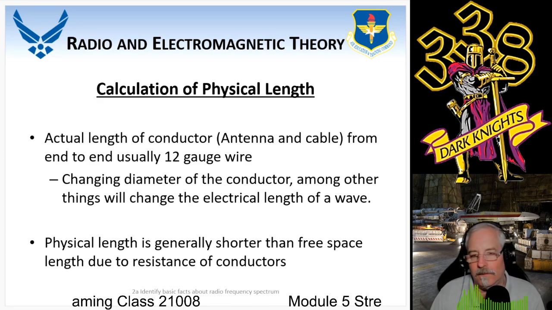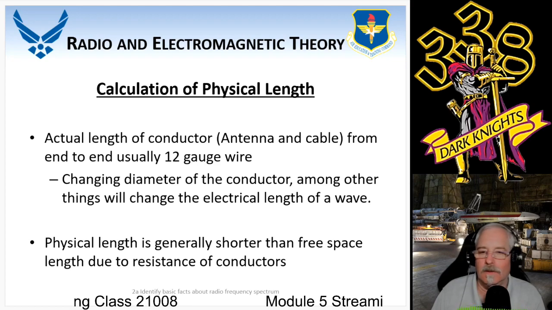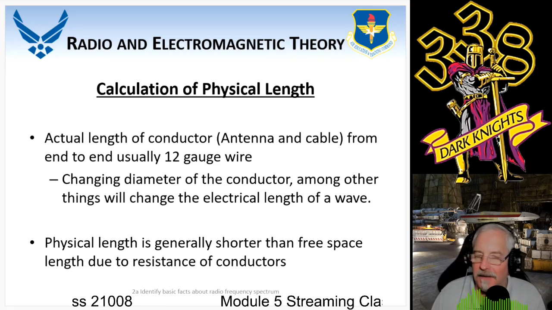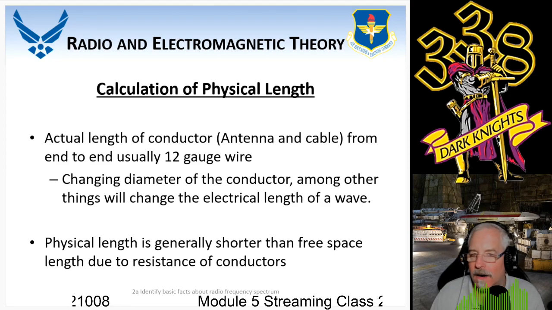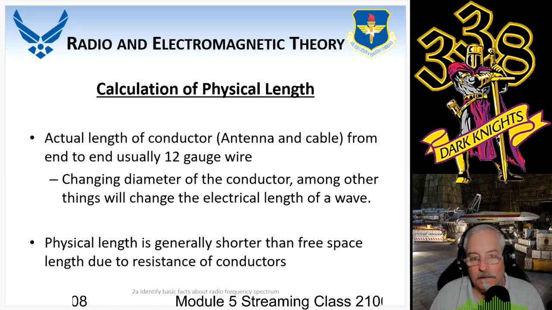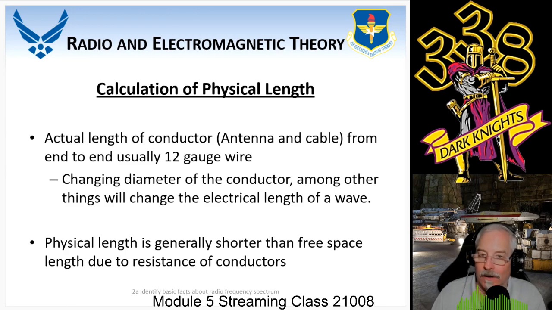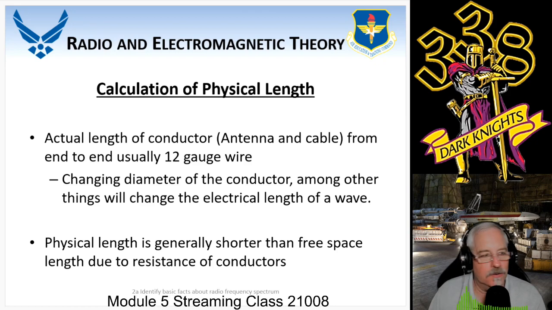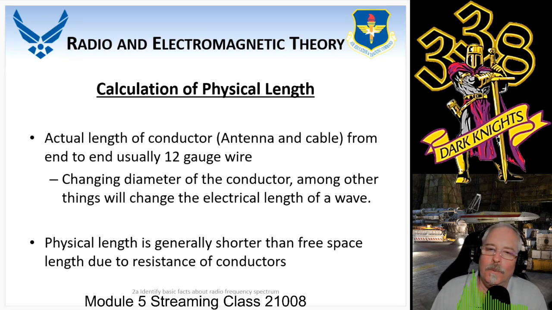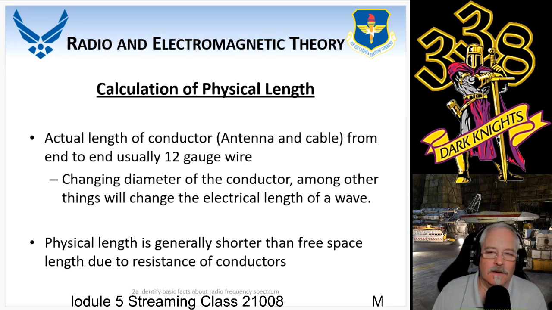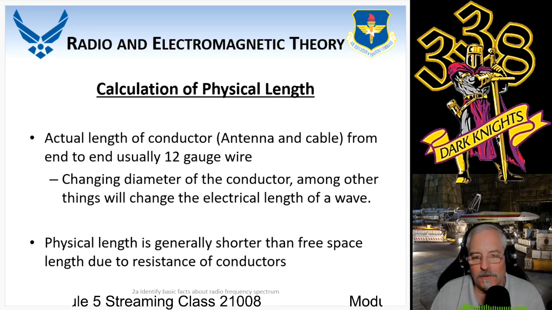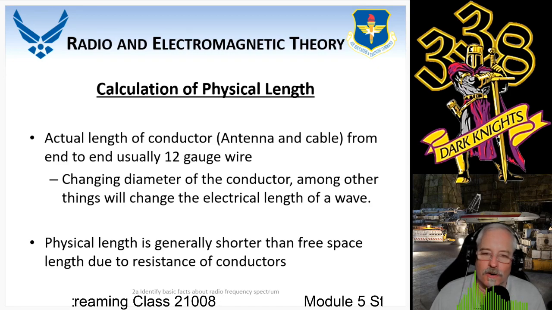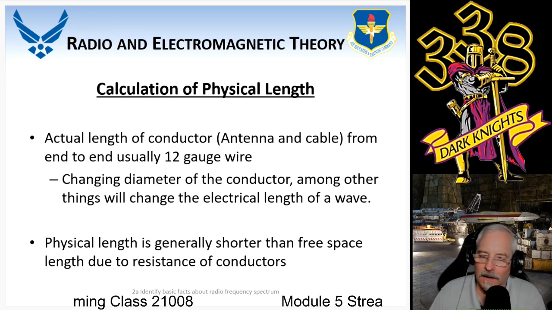But we know that if we change the diameter of the cable or the antenna, for example, if you don't have a 12 gauge solid core wire for your antenna, well, believe it or not, speaker wire works. So it just gives you an avenue of what you can use out there. Normally, when we look at wavelength theoretically and from the electrical part, physical length is actually going to shorten that antenna. Let's take a look how.